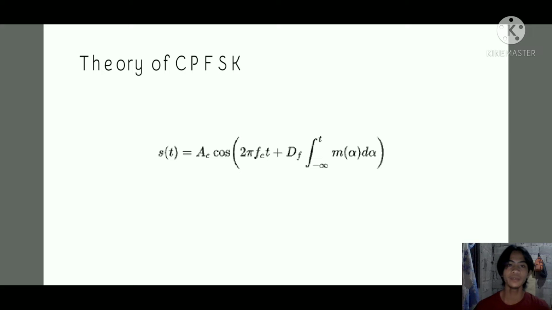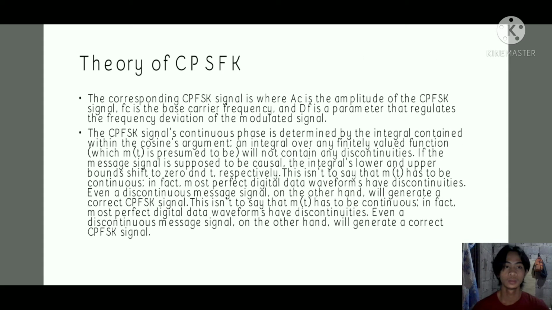Theory of CPFSK. So this is the formula of CPFSK. In the corresponding CPFSK signal, AC is the amplitude of the CPFSK signal, FC is the base carrier frequency, and DF is a parameter that regulates the frequency deviation of the modulated signal. The CPFSK signal's continuous phase is determined by the integral contained within the cosine's argument.